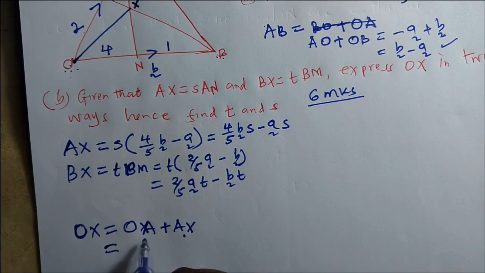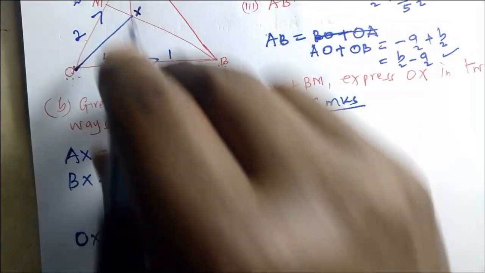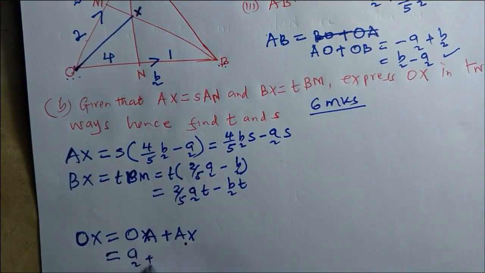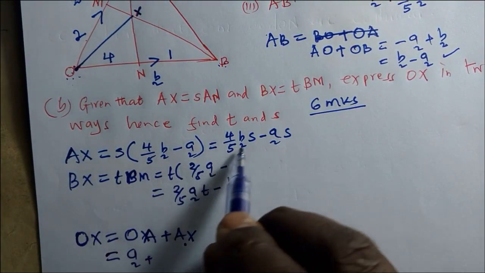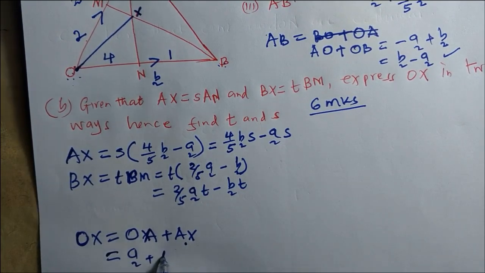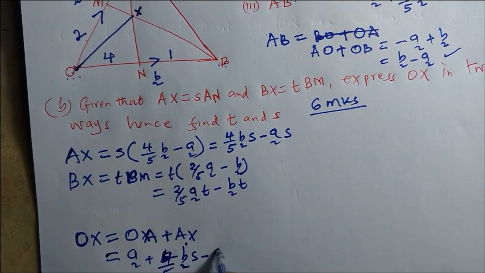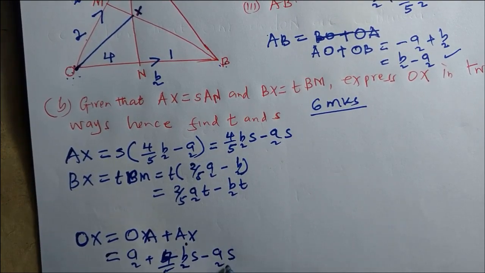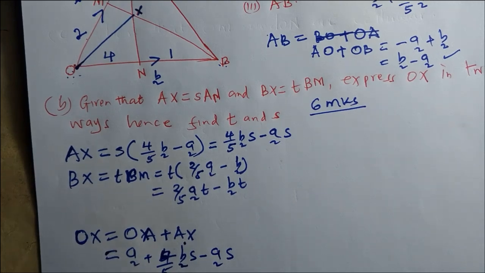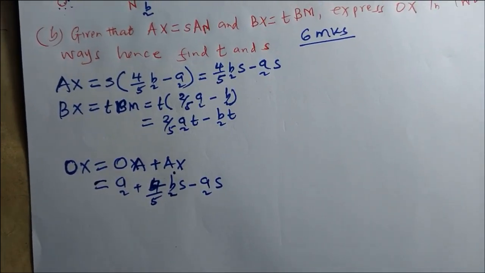So this one is OA, and OA we know is A plus AX, but we have AX here, which is 4 over 5 BS minus AS. That's one way of expressing OX.